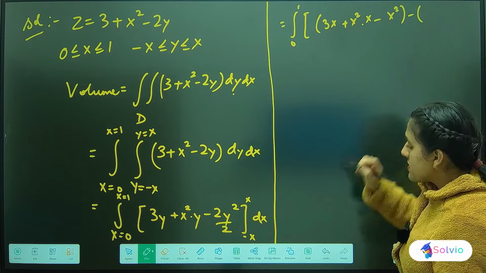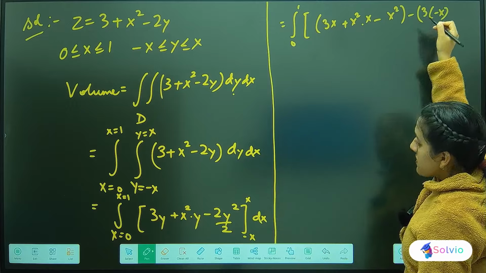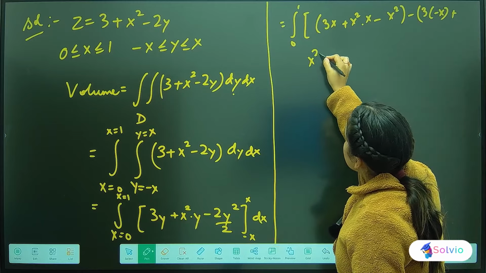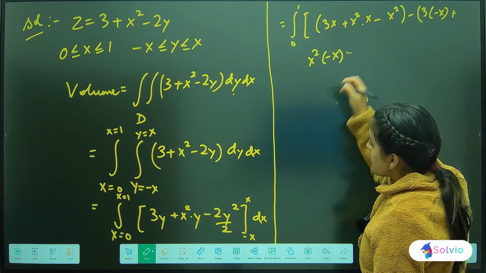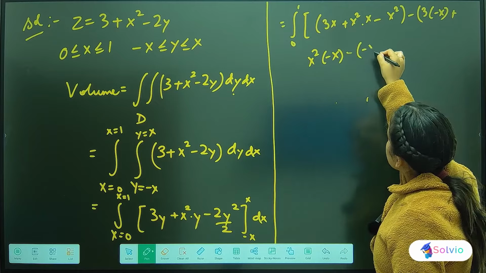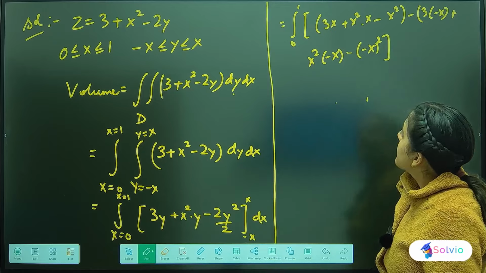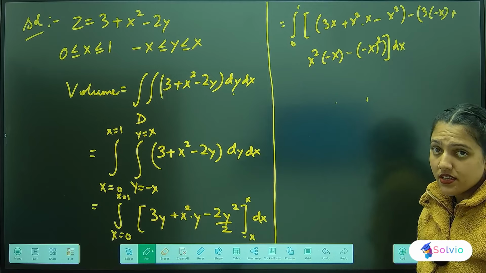So this is 3 times (-x) plus x^2 times (-x) minus (-x)^2, dx. Clear?